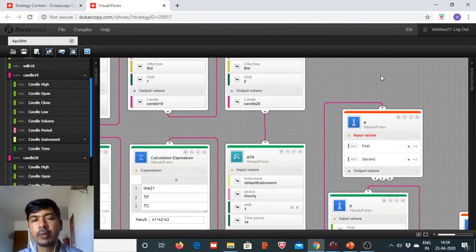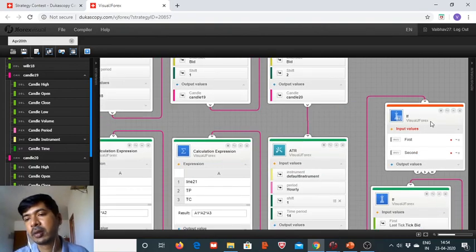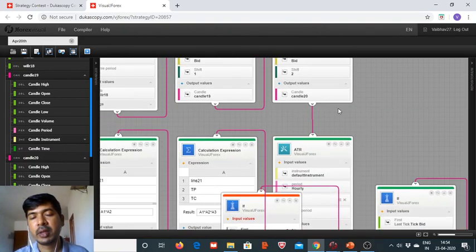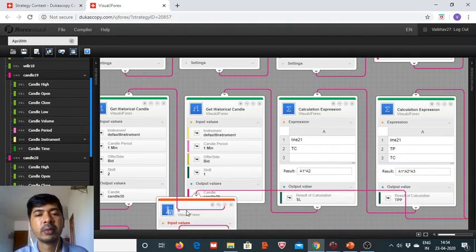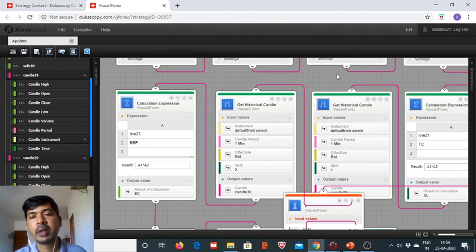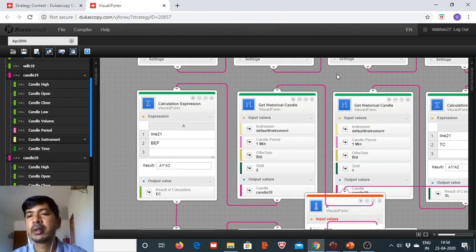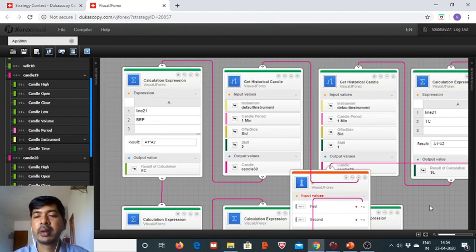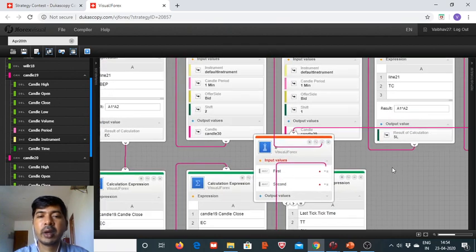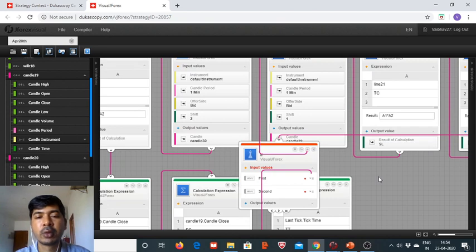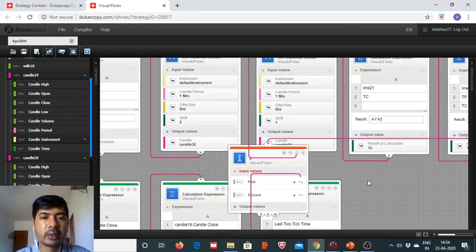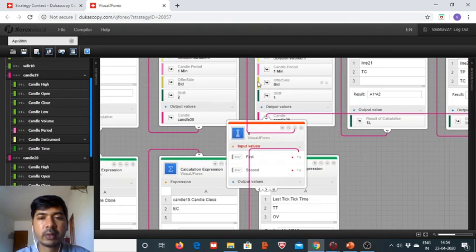So here also we will be looking at the candle 19 closing levels, but one more factor will be the 1 minute get historical candles, and for us we will need the candle 30's closing to have been greater than the candle 19's closing.